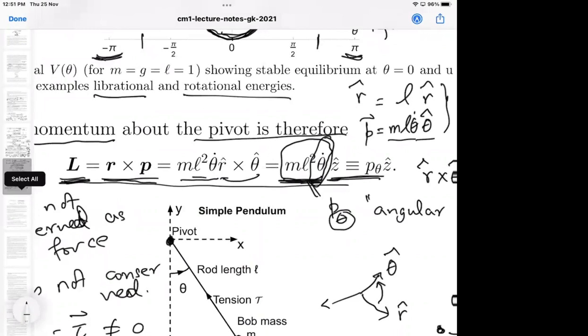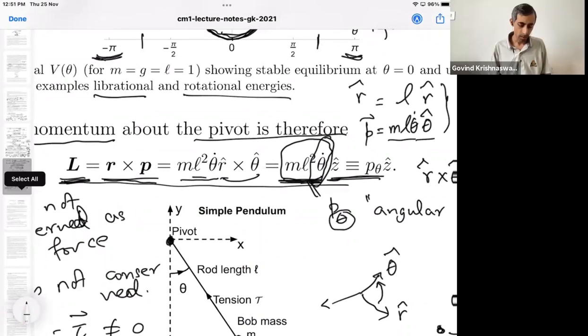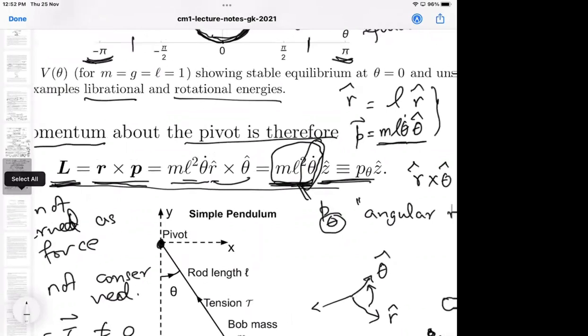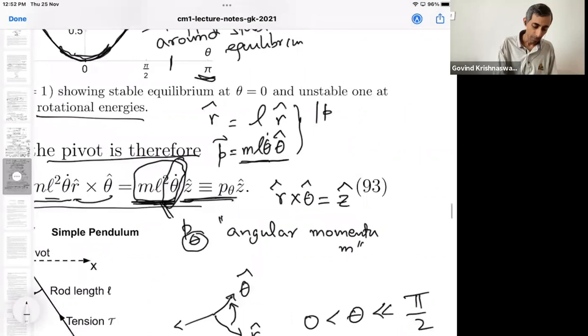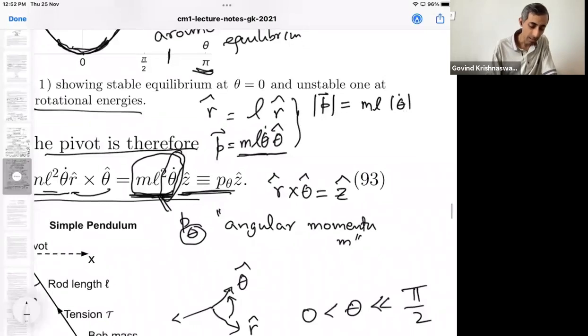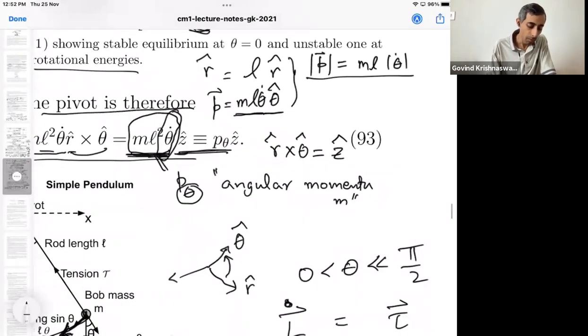Yes, sir. When you were talking about the momentum, it seems like intuition is not holding, because theta dot is still positive when the particle is going up, which means the momentum should also. No. Look, when I say momentum, I mean the magnitude of momentum. I'm supposed to look at this quantity, ML magnitude of theta dot. Looking at this vector, one can get a bit misled.